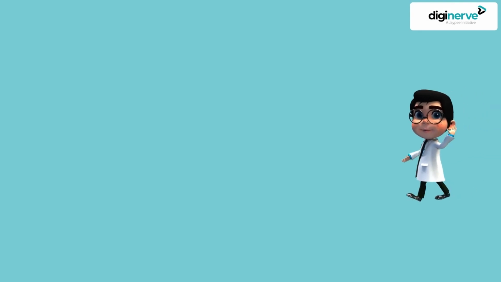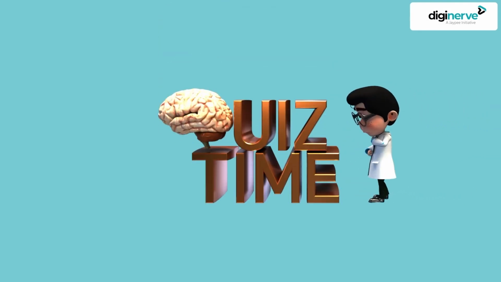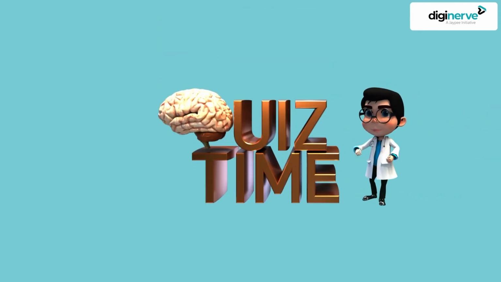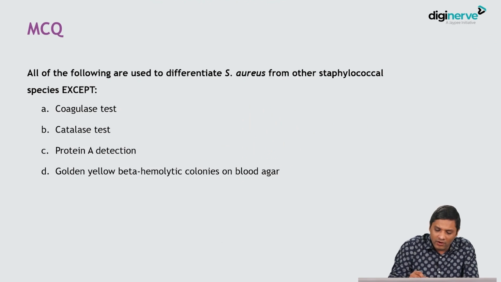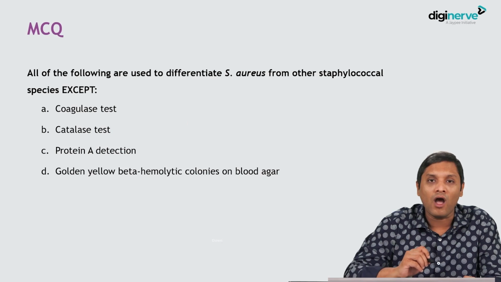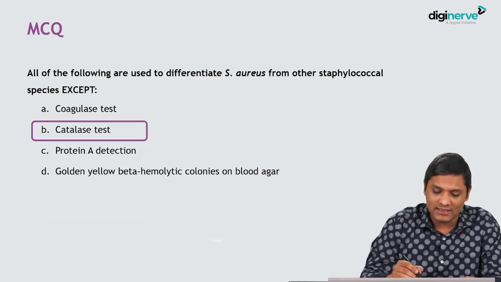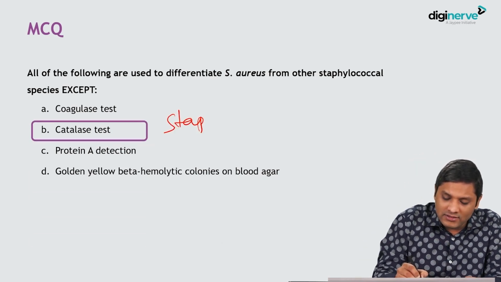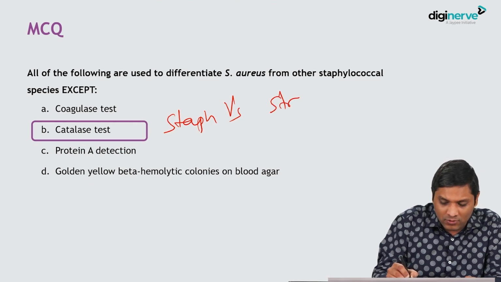We will see some MCQs now. All of the following are used for differentiating Staph aureus from other Staphylococcus species except, remember, the catalase test. It is used for differentiating Staph versus Streptococcus.